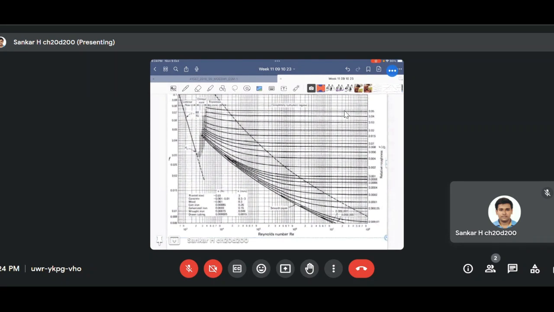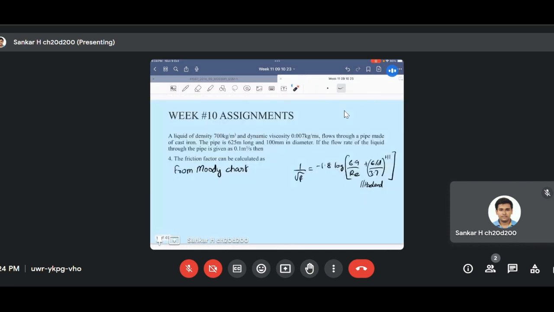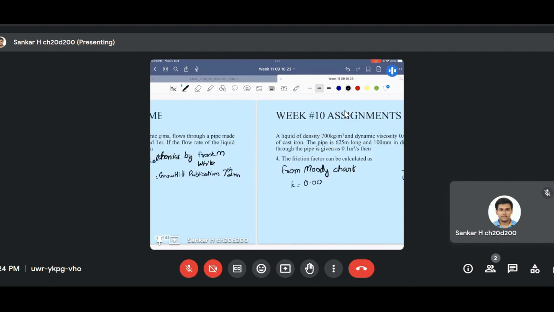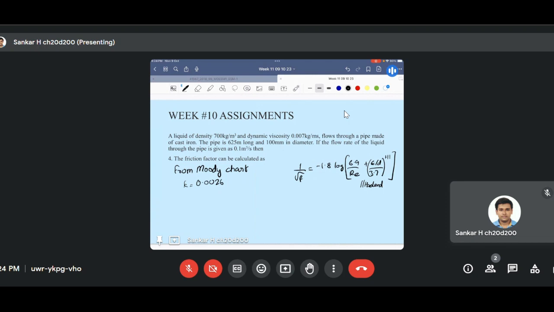So we need to know what the relative roughness is and the Reynolds number to find out the friction factor on the y-axis. We know that the relative roughness is equal to 0.0026 and the diameter is 100 millimeters.